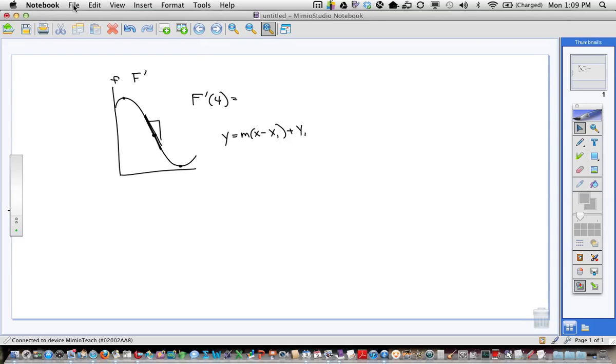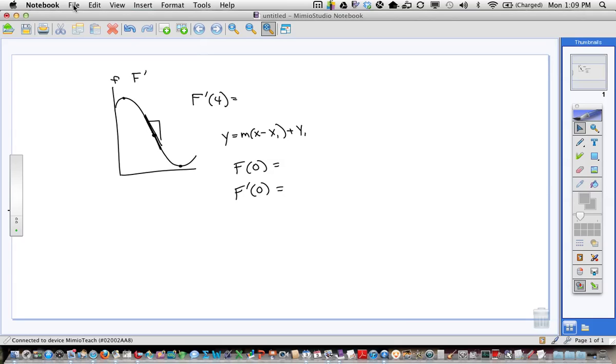If I want the tangent line to big F at 0, I want you to say, okay, I need two things. I need point and I need slope. Right? Isn't that what I need? I need big F at 0, which is the point, and I need big F prime at 0, which is the slope. Those are the two things I need.